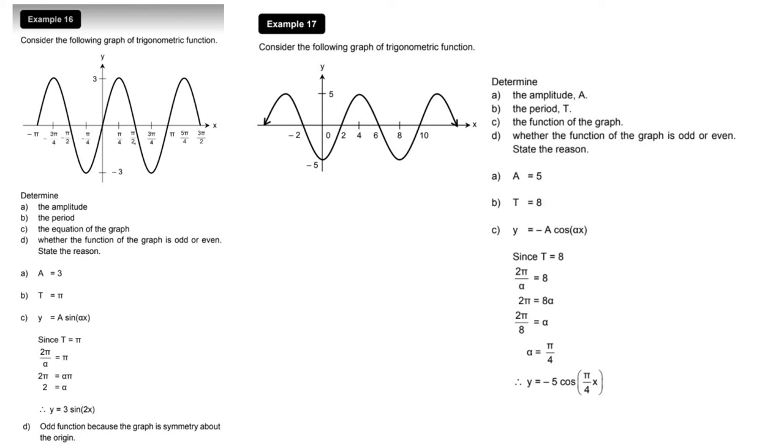By looking at this graph, one cycle we can take from 0 until pi. Okay, that is one complete cycle. It looks like the graph of sine x. Okay, determine the amplitude. Look at the graph, 3, negative 3.